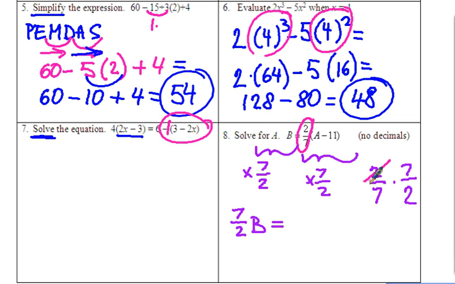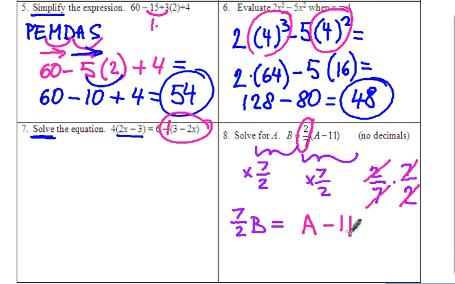Yes, 2 and 2 cancel each other out, 7 and 7. So all we got is 1. And then whatever we have in the parentheses, it's a minus 11. Are we multiplying by 7 over 2 the parentheses as well? No, because we already did multiply that right-hand side.